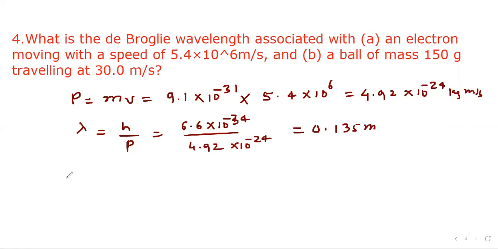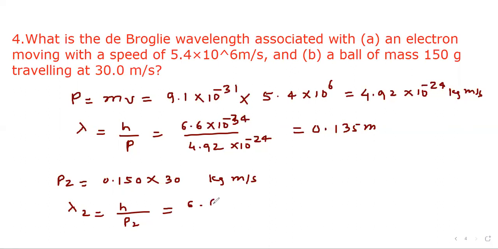Now consider the case of the ball. So here its momentum, say this time it is p2. So we take p2 equal to mass 0.150 kg times velocity 30 meter per second. We have got momentum. Now the wavelength for this, suppose this is lambda 2 equals h upon p2.